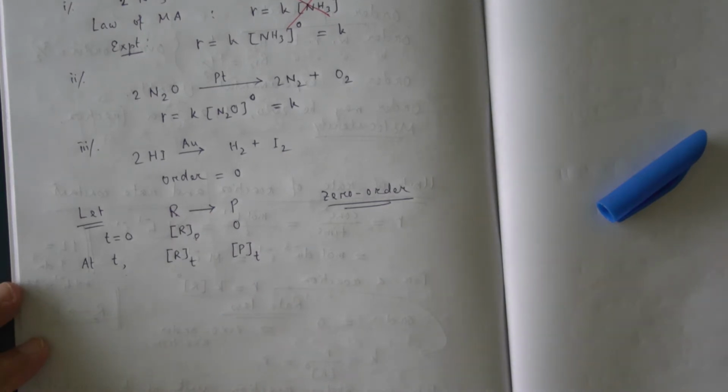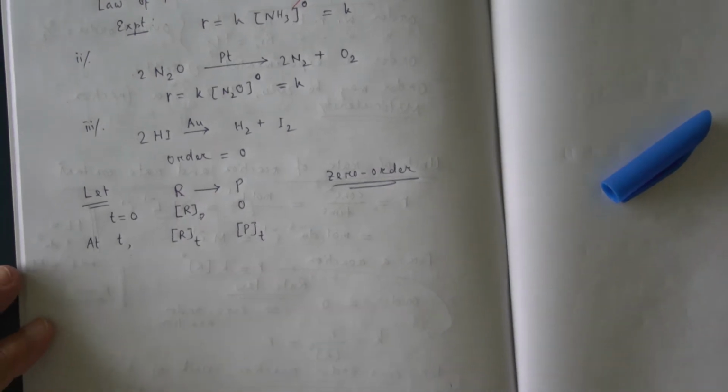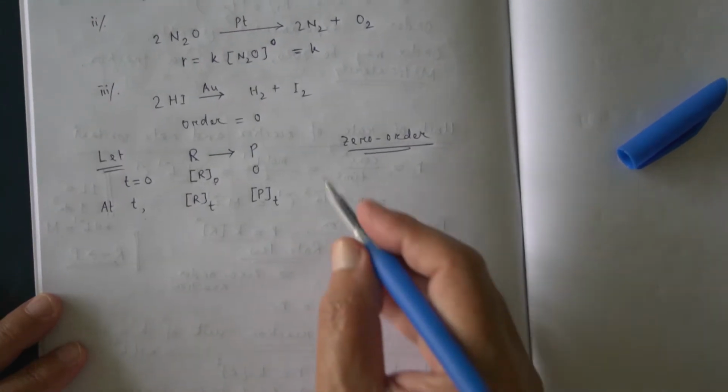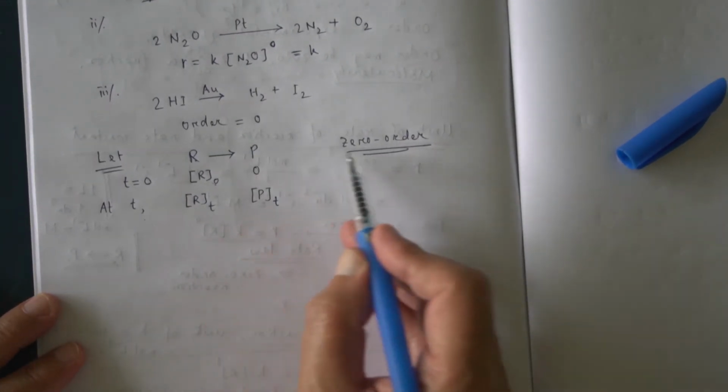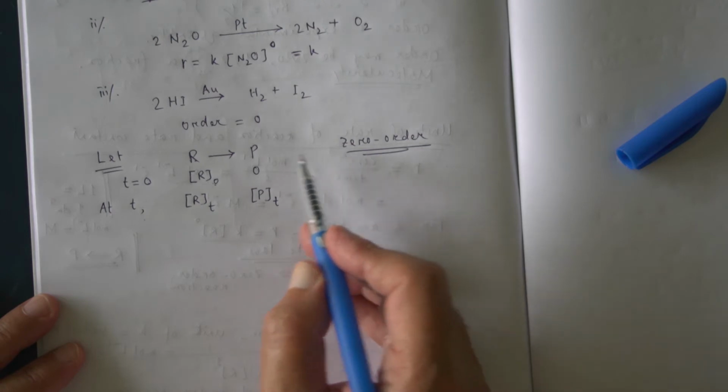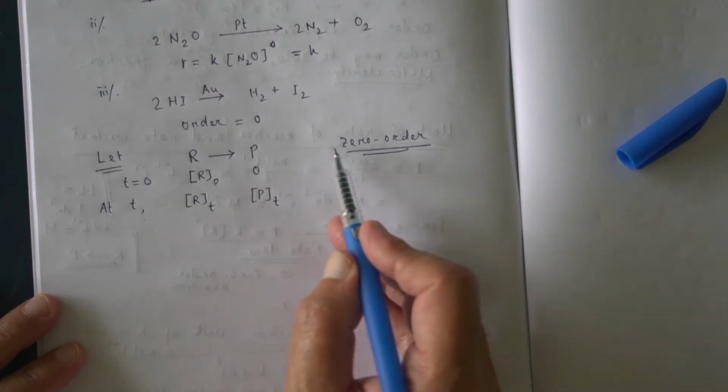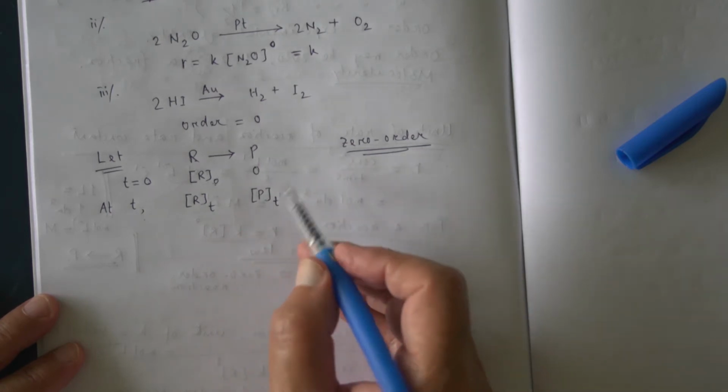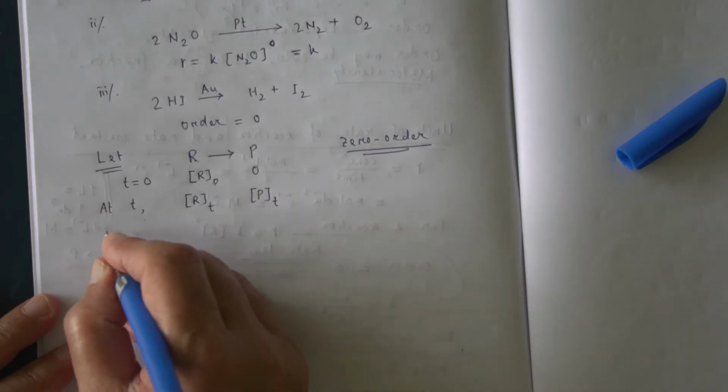Now we have assumed that the reaction is zero order. So what is the differential rate equation?